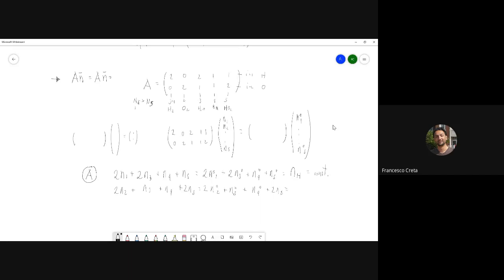And that must be equal to a constant, because obviously this is the constant. We call it NO, and it's obviously because it represents the total number of oxygen atoms. And these must always be constant.